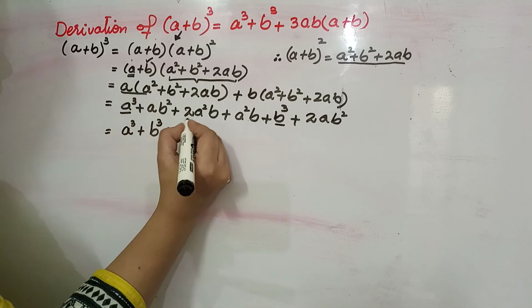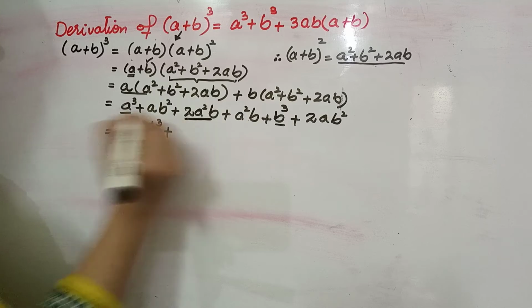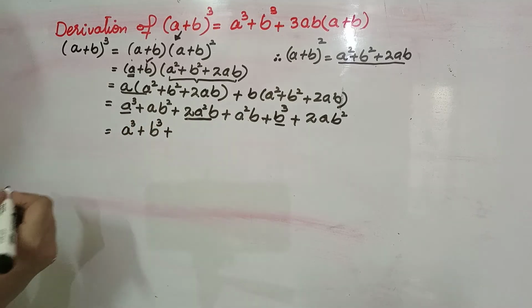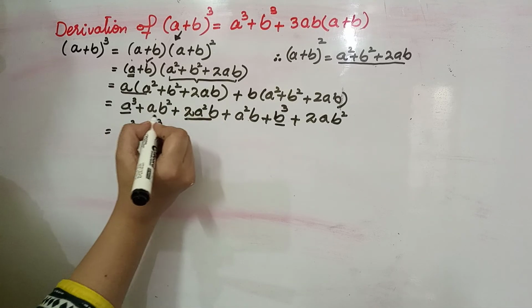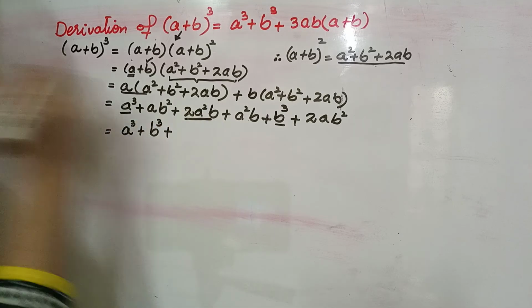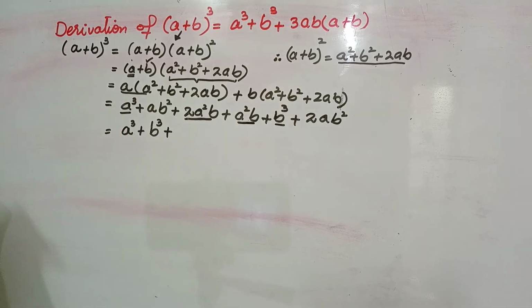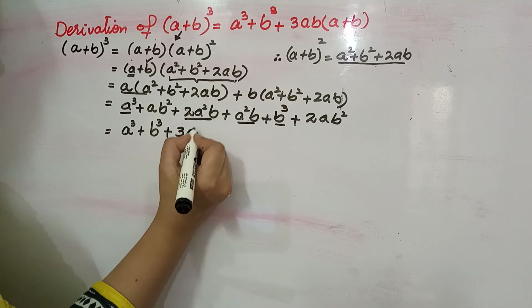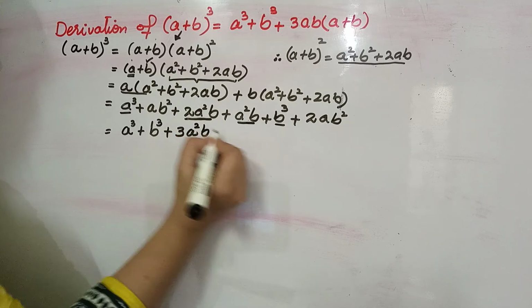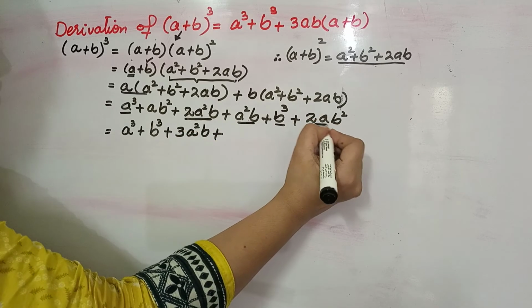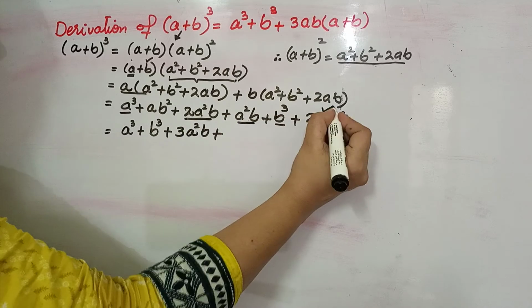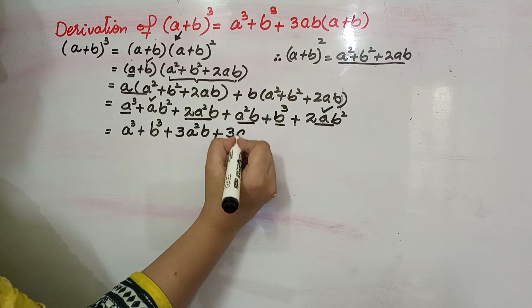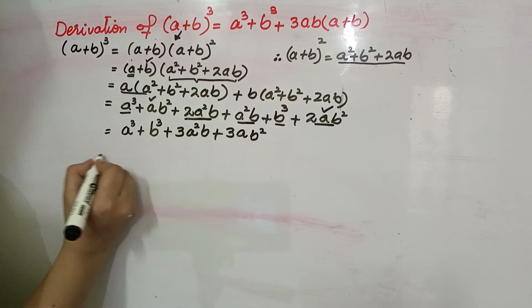Afterwards you can see 2a^2b, and here a^2b is there, so these both will add as 3a^2b, plus 2ab^2 and 1ab^2 will be combined together as 3ab^2.